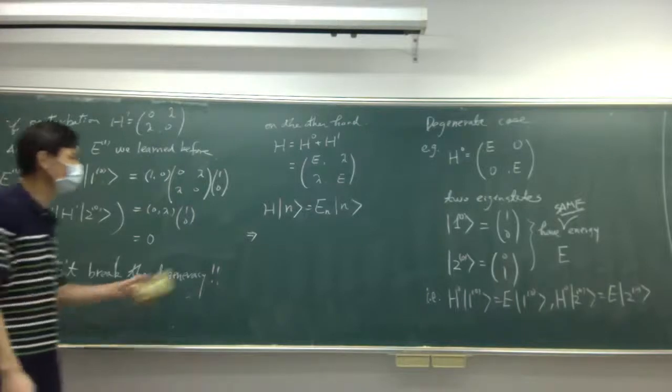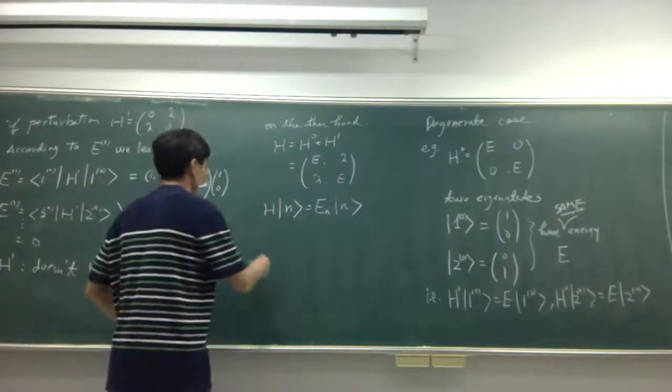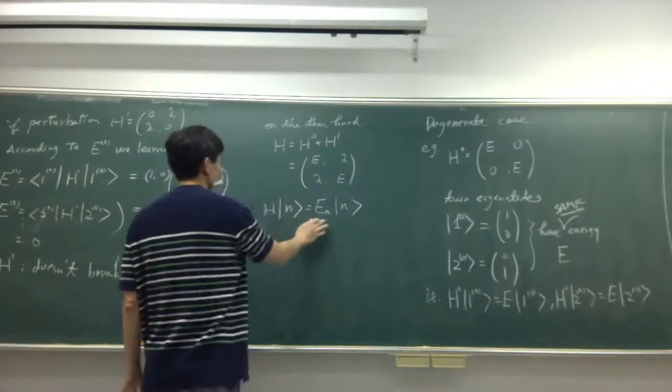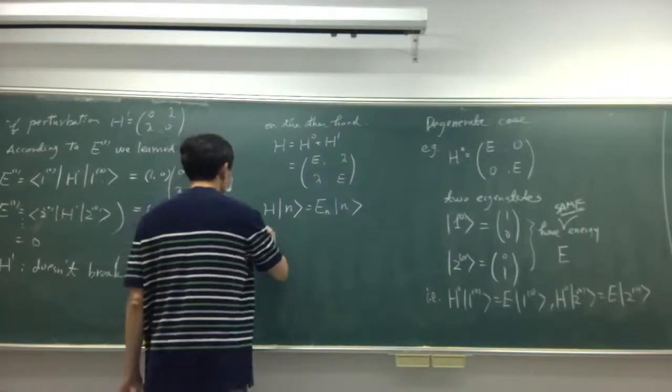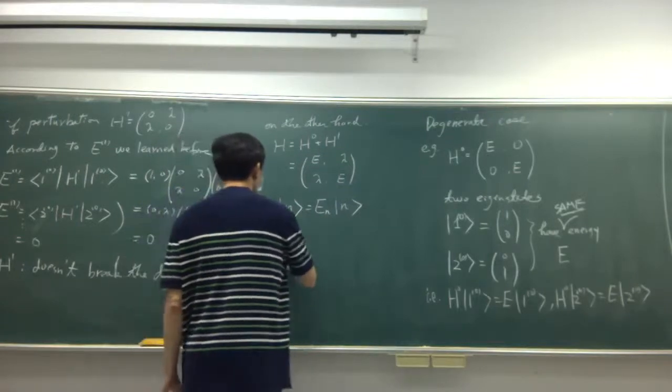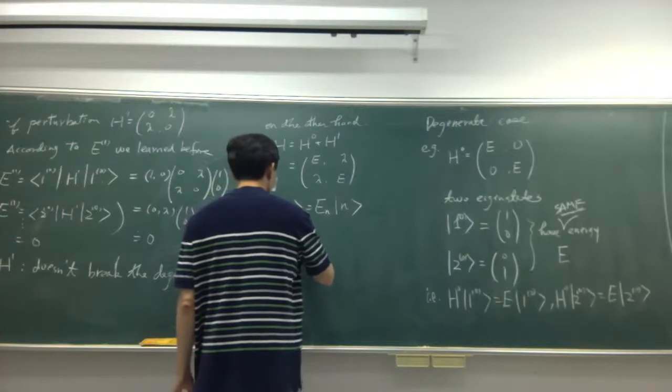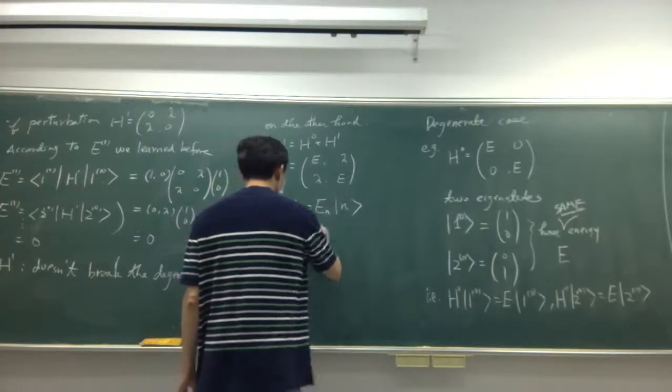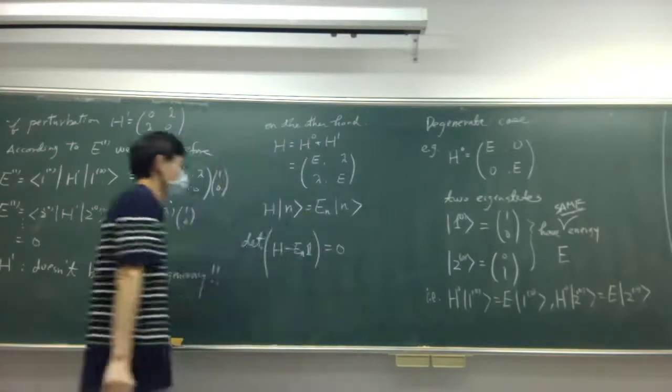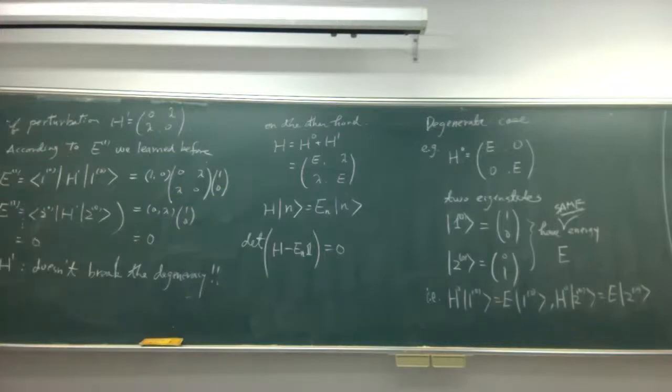To solve for En, I say the determinant of H minus En equals 0.